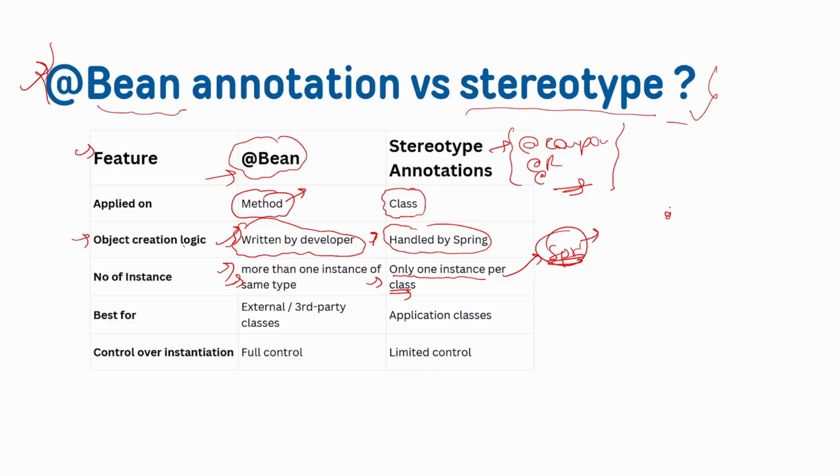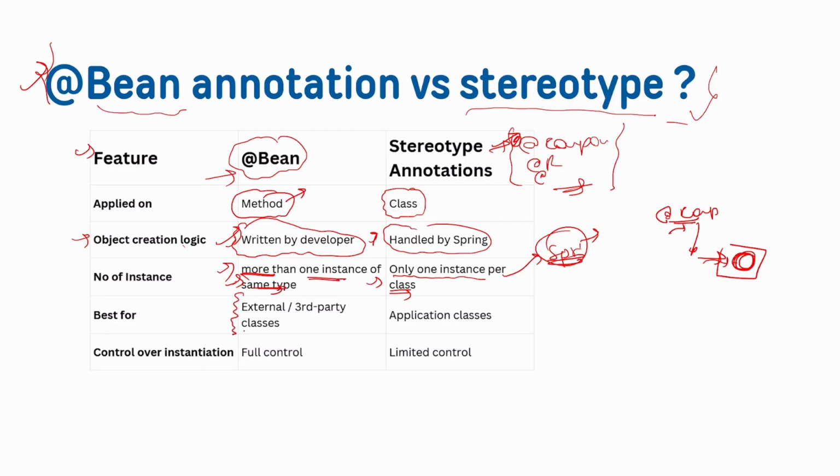Because when we mark any class with @component, Spring creates the instance of that object and adds it to the Spring context. Only one instance of that class is added. We cannot add more than one instance of the same class using the stereotype annotations. But using the bean annotations, we can add more than one instance of the same type.